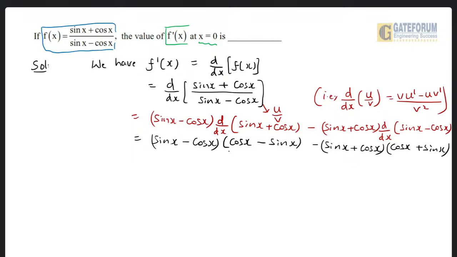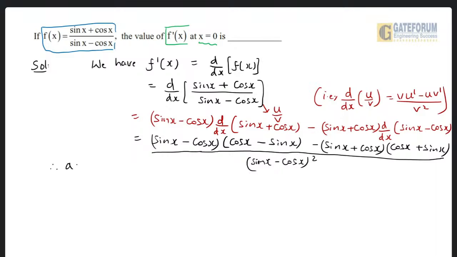Both are the same. I can leave it without simplifying, all these terms divided by v square, sin x minus cos x whole square. It is not required to simplify for this type of expression because they are asking finally at x equal to 0.